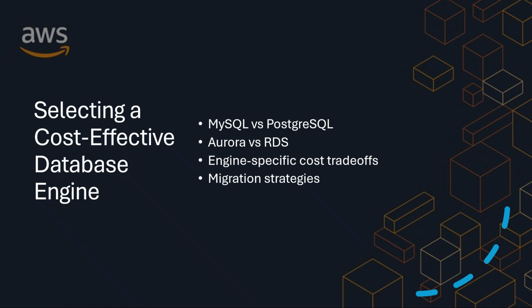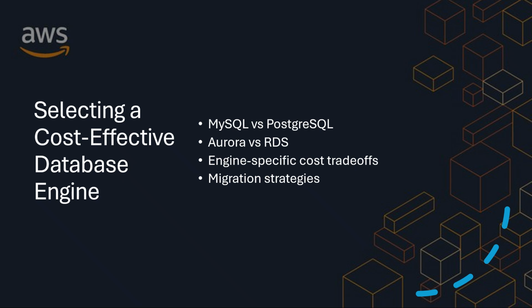Even within relational databases, engine selection impacts the cost. MySQL is simpler and widely supported, but PostgreSQL offers more advanced features like indexing, partitioning, and performance features, often allowing smaller instance sizes. Aurora offers high throughput and faster recovery than RDS, which can reduce the cost by requiring fewer replicas or smaller compute.